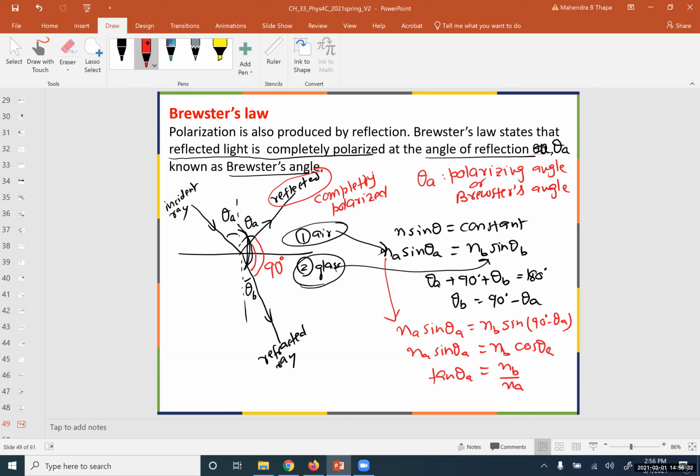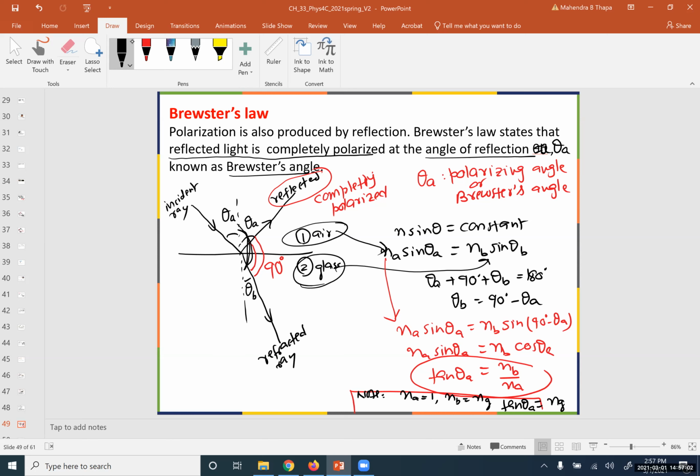In our case here, NA equals 1 because we have air, and NB is the refractive index of glass. So tan theta A equals just the refractive index of glass.